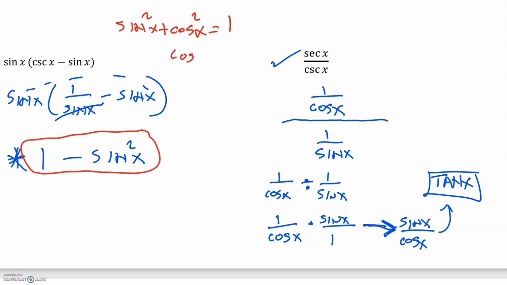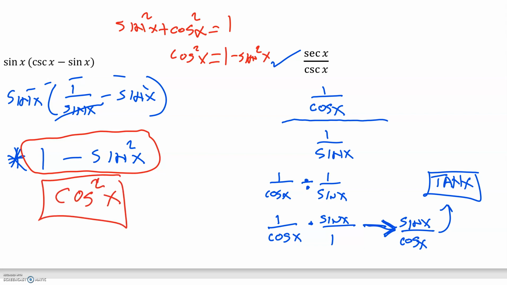Well, if I were to subtract a sine squared from both sides, we would have our answer, okay? Again, we're just trying to simplify these. And the whole reason why we're simplifying things is in math, sometimes when a problem is presented, it's impossible to do. We need to rewrite it in another format so we can figure it out.